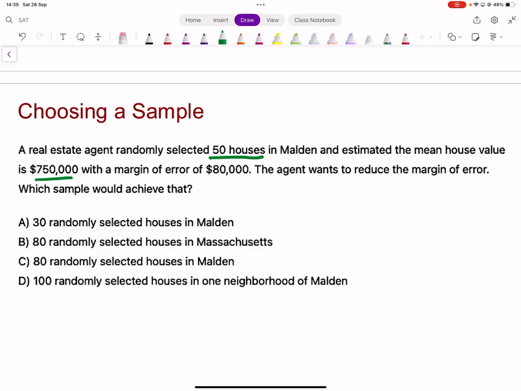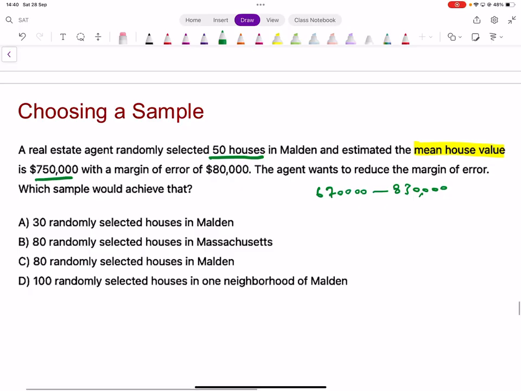So it's going from 670,000 to 830,000. That's the mean house value. They're saying it's likely to be between this interval.